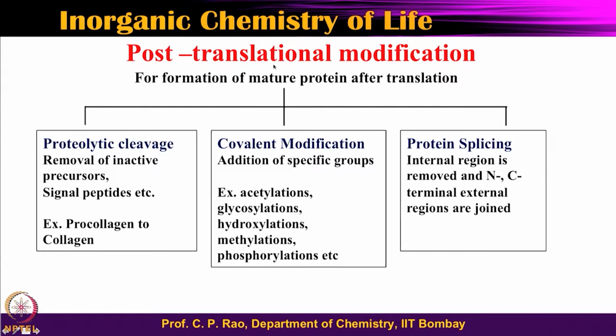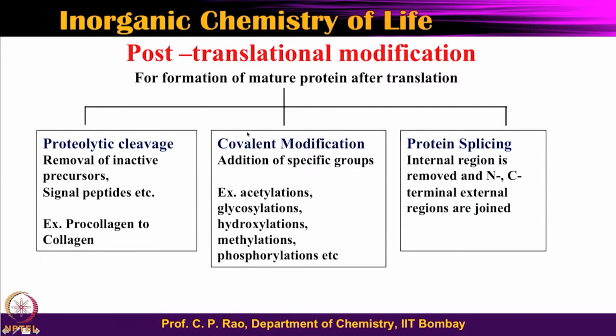Besides this, other things may also happen. So, there are some proteolytic cleavages, some inactive precursors, etc. These will be under signaling, that means starting sequences, etc. Those things will be removed after the total synthesis is done. Then there are some kinds of covalent modifications also occurring. Such modifications could be glycosylations, acetylations, hydroxylations, methylations, or phosphorylations.